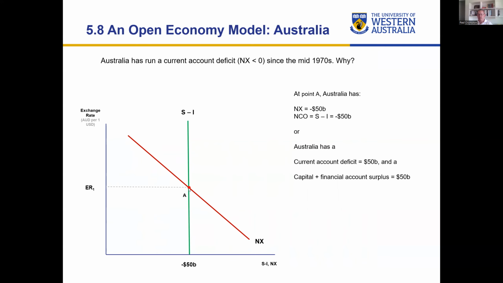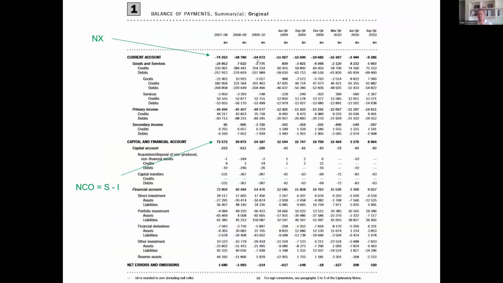So we look at this model and we say, well, what needs to occur for the Australian economy to have a minus $50 billion level of net exports, or a minus $50 billion current account deficit, such as in year 2009, 2010? What do you need to have happen to get that negative value there?